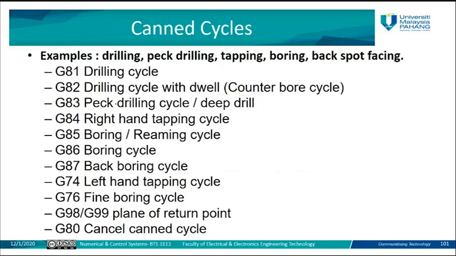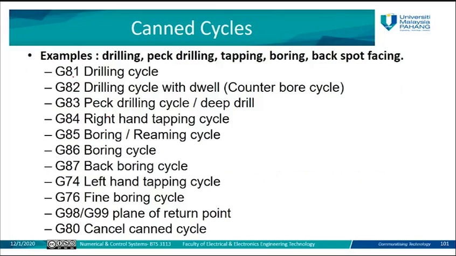Maybe you will find G175 with G183 and so on. There are more than 100 G codes, for example. So these codes depend on the machine. Sometimes they want to add extra commands, extra functionality for the machines, so they add some codes.